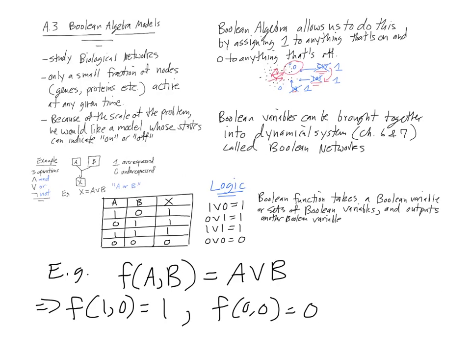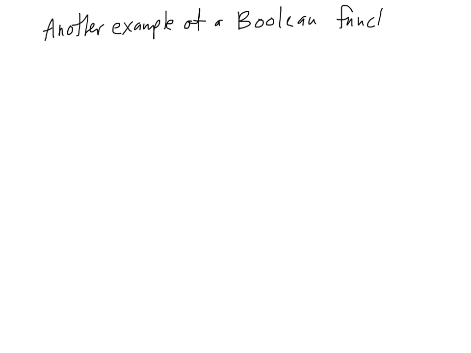Okay, so let's go to a different page here. Let's do another example of a Boolean function. We look at f of, let's say, three Boolean variables, x1, x2, x3.